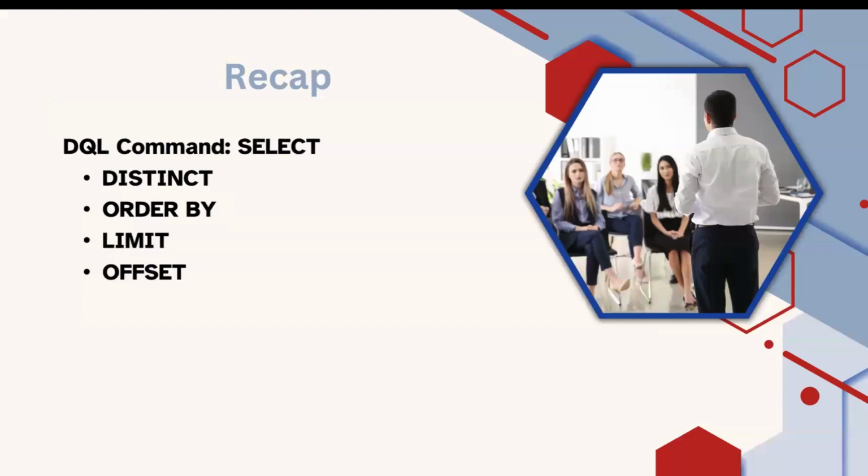Distinct is mainly used to fetch only the unique values. Order by is used to order the data in ascending or descending order. Limit is helpful to restrict the number of records we fetch, and offset specifies the position of the rows for retrieving the data.